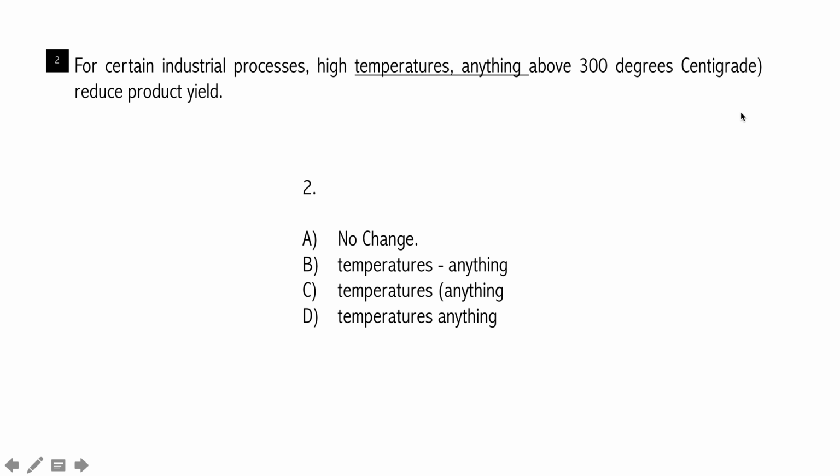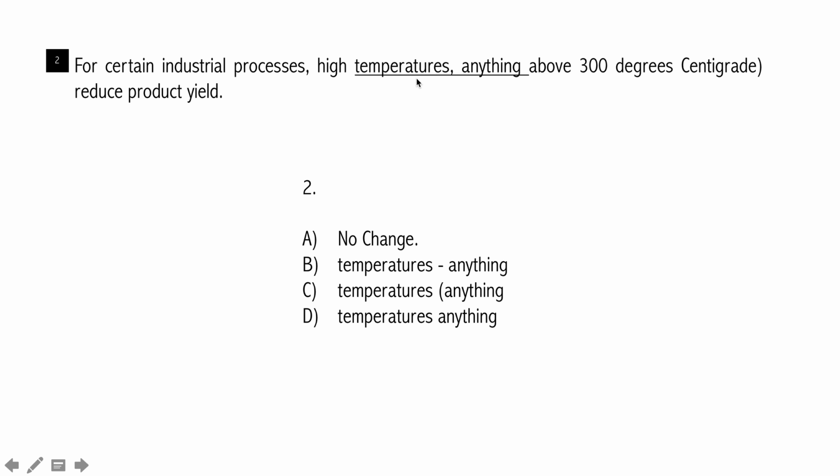Because there is a closing bracket, there needs to be another bracket to open it. There is only a closing bracket. Therefore, we notice that anything above 300 degrees centigrade is adding clarity about what we mean by high temperatures. So we know that this comma should be replaced by a bracket, and we can almost immediately see that the option should be C.